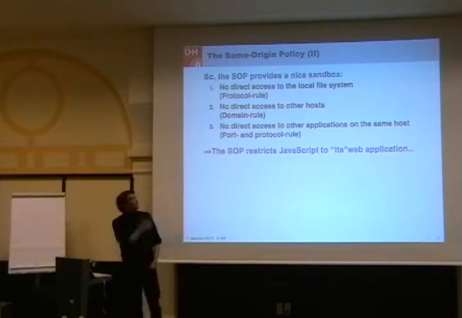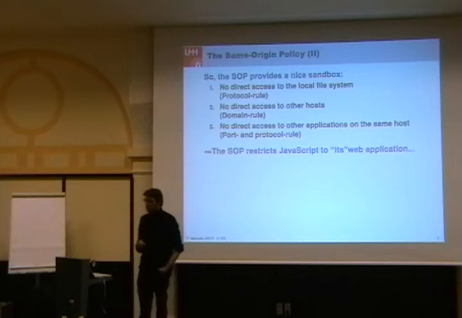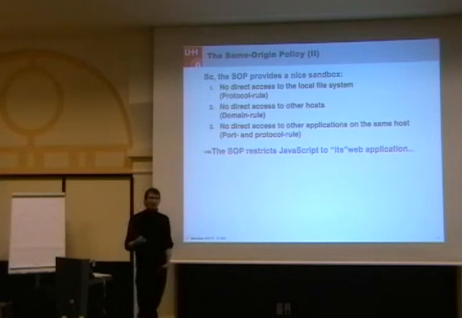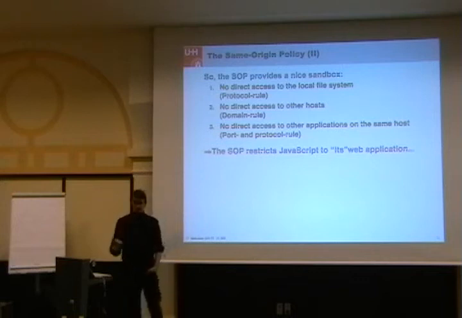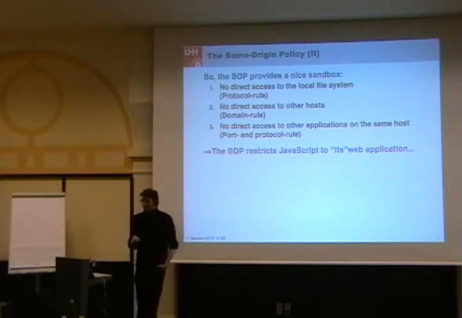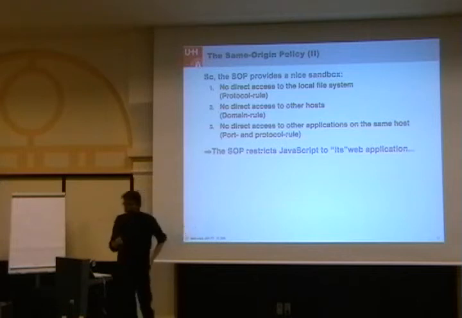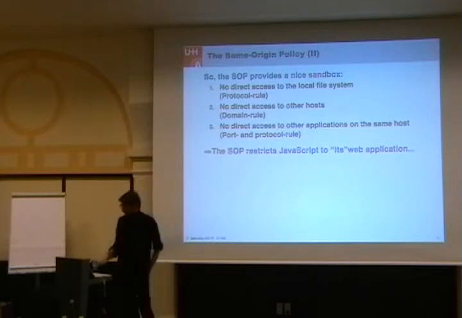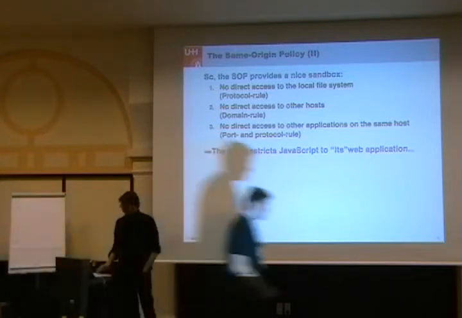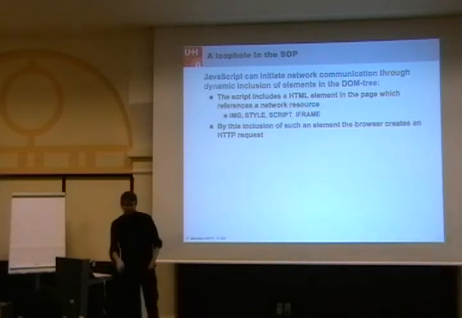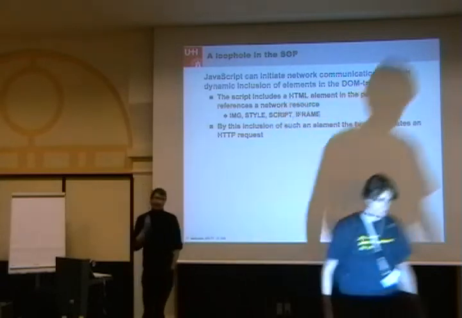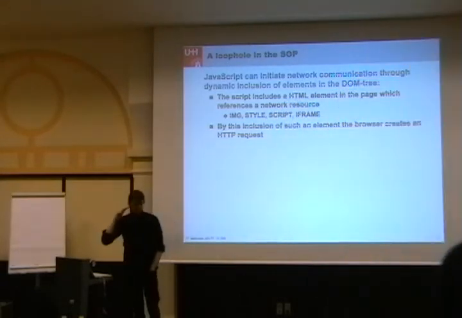There's no direct access to other hosts because of the domain property, and there's even no direct access to other applications that run on the same host because of the port policy. So the same origin policy should restrict the applications or JavaScripts of applications to their own web application, shouldn't it? Not completely.